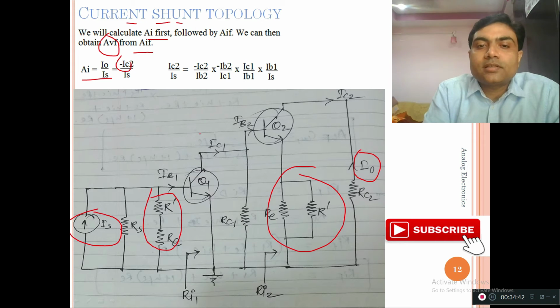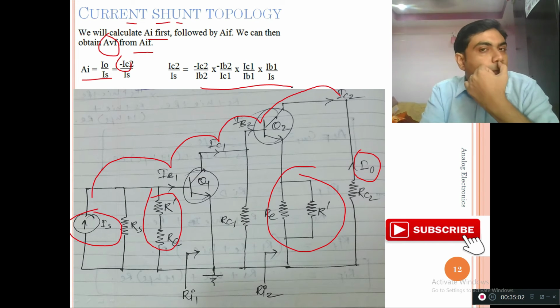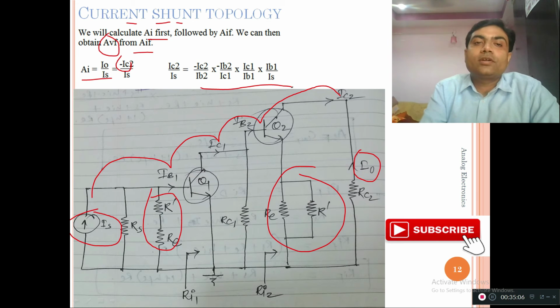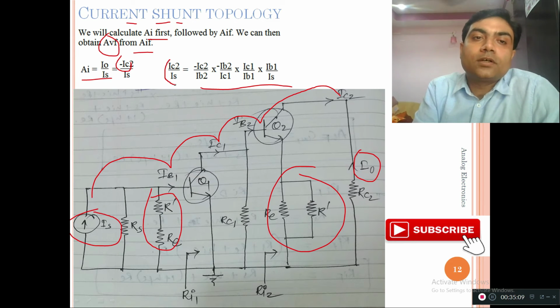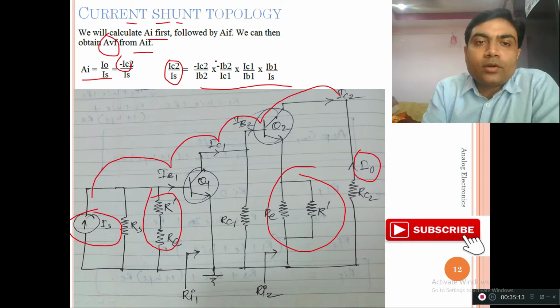If I break this analysis, IC2 upon Is is nothing but IC2 upon IB2, then IB2 upon IC1, then IC1 upon IB1, and then IB1 upon Is. So we have to break this into four parts, and then we can get the value of the overall gain, which is AI.